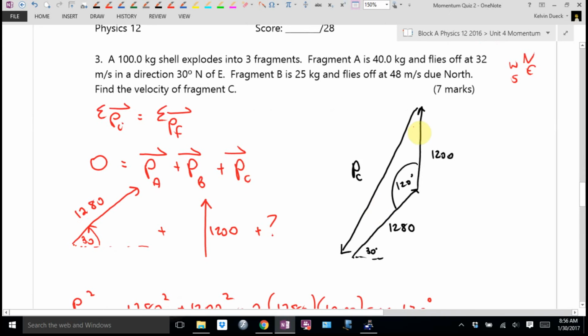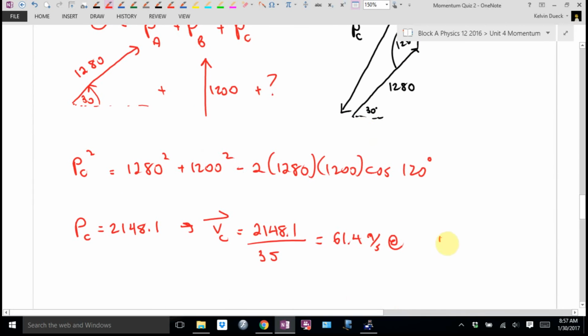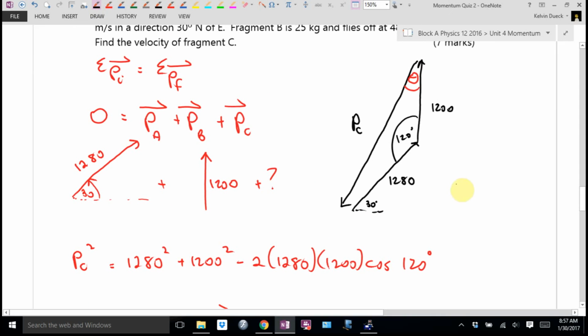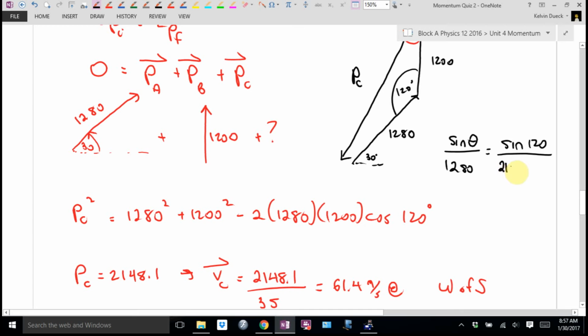I think our theta we want is always where the vector comes from. That theta works because it is next to a vertical line. This is going to be west of south. Start out going south and go west of south. So it's going to be west of south, and it's going to be the sine law. The sine of my mystery angle divided by what's across from it, which is 1280, equals the sine of the angle that I know divided by what's across from it, which is 2148.1.